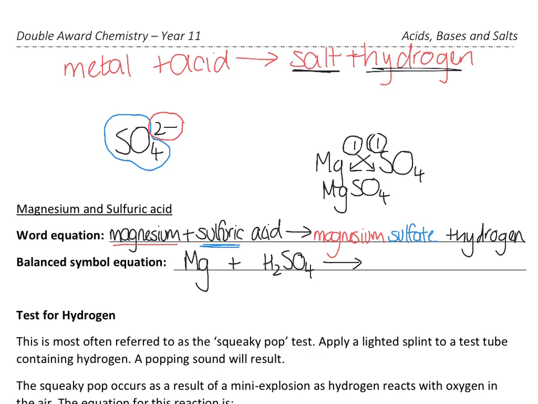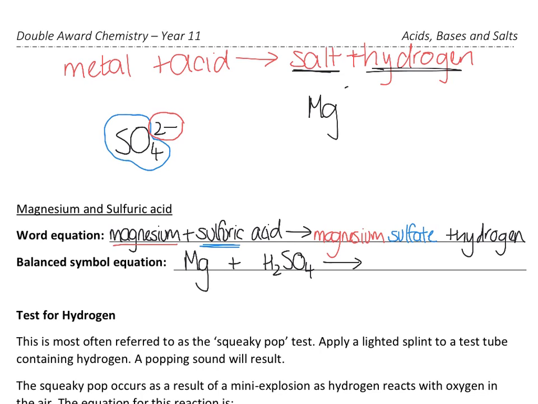Now, if you want to do that the long way, I'll do that now. So the long way would be, again, magnesium, valency of 2, sulfate, valency of 2. If we swap and drop those, we get Mg2. Then we need to use brackets for our sulfate, so SO4 brackets 2. Then we can see that we've got a ratio here of 2 to 2, so we can cancel that down to 1 to 1.